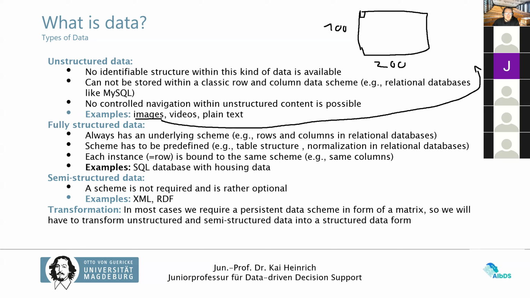So we have 200 pixels in each row. So basically we have some sort of column and row thing, but it's not really structured because this is not an object. This is just a part of the image, right? So we have a pixel here, and each pixel has a value between 0 and 255, right?